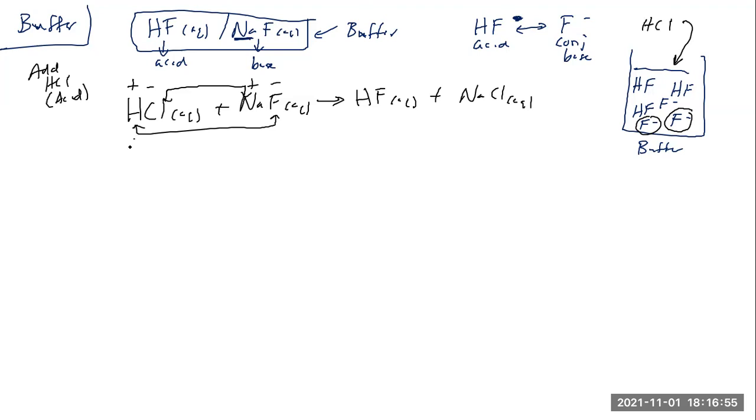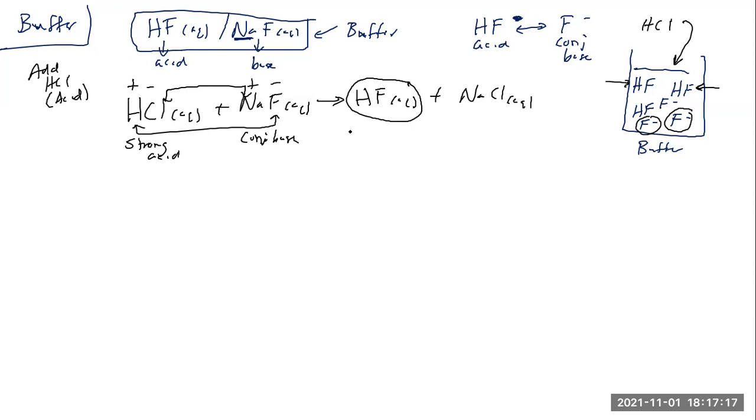So again, our strong acid that we're adding will react with the conjugate base in this case, and this reaction will take place. We do see a couple of interesting things. One thing that we make is actually the HF, which was in the buffer to begin with. It's part of the buffer.